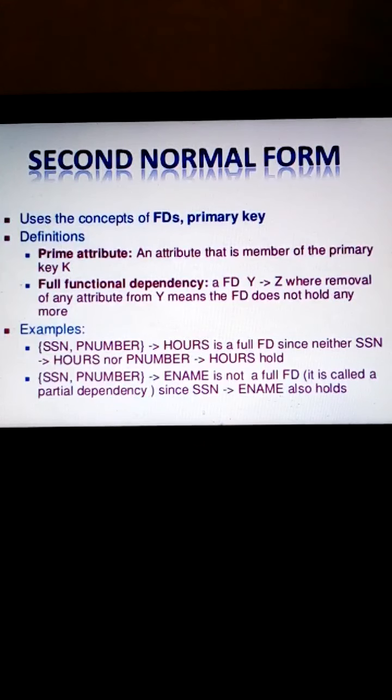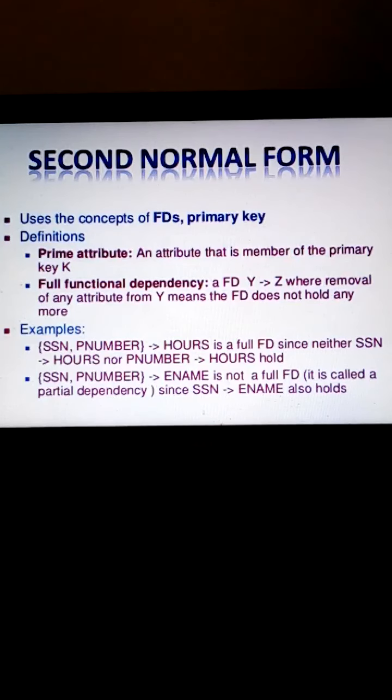Here in the example we can see there is one composite key, that is SSN and P number. Both these values make a key which can identify hours. It is a full functional dependency, since neither SSN tends to hours nor P number tends to hours.